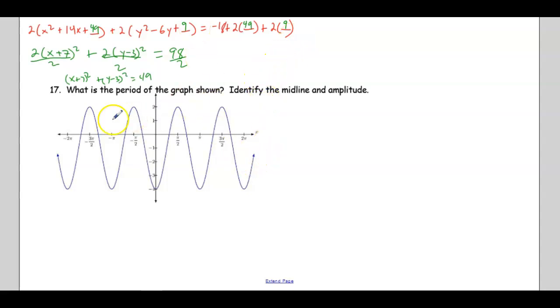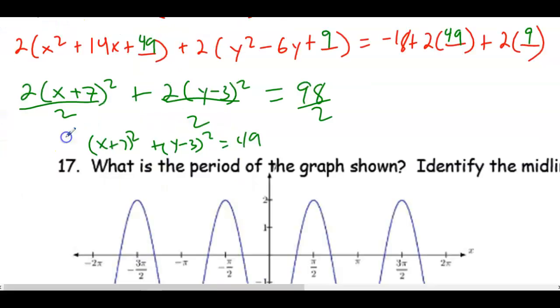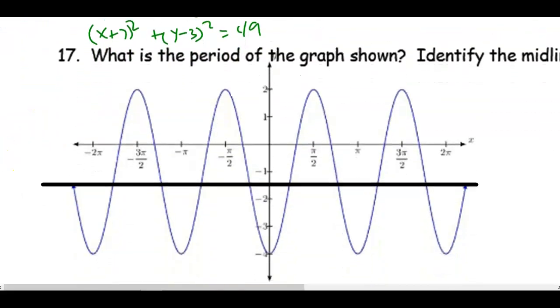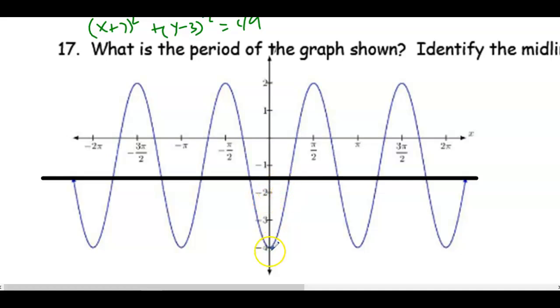Midline. Let's do this. Oh, by the way, period, right? So if I started right here, went here, we can say this is one cycle of cosine, right? So how wide would this be from 0 to pi? So the period here is pi.